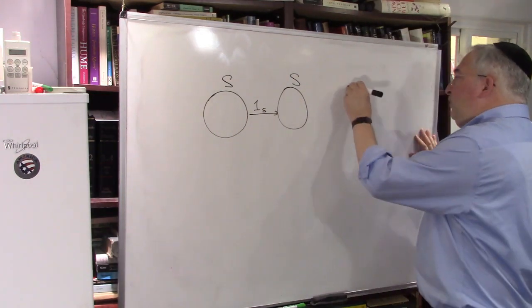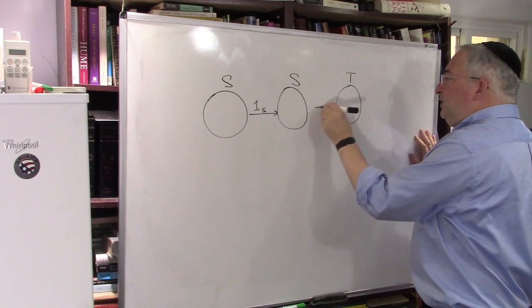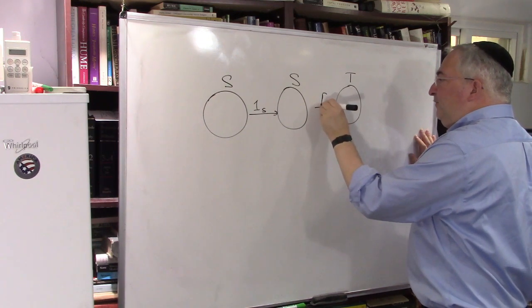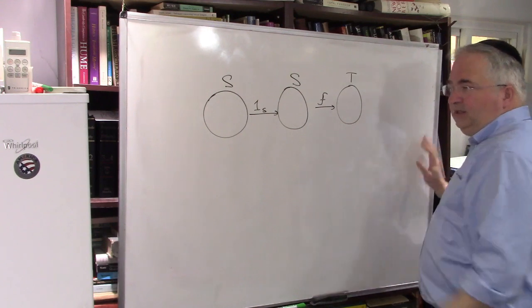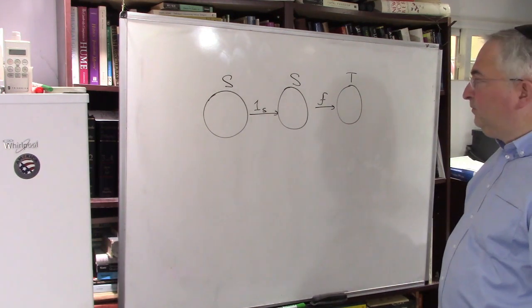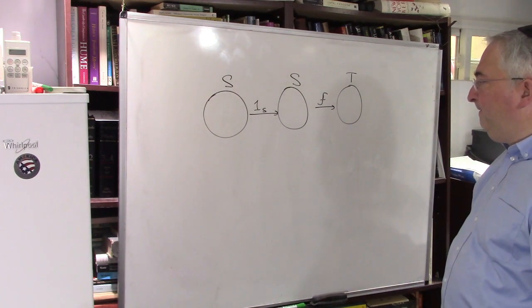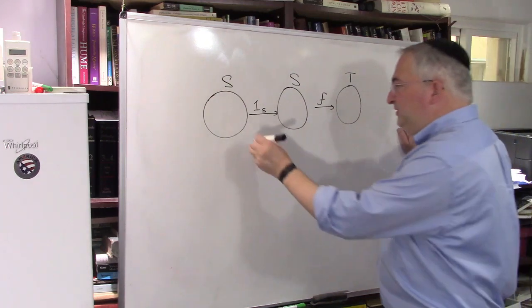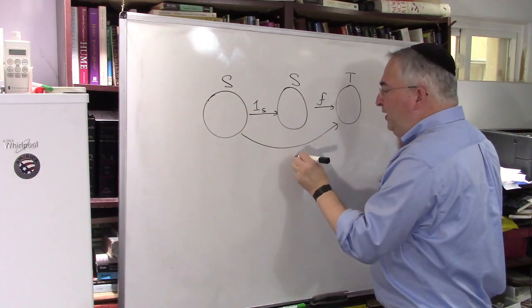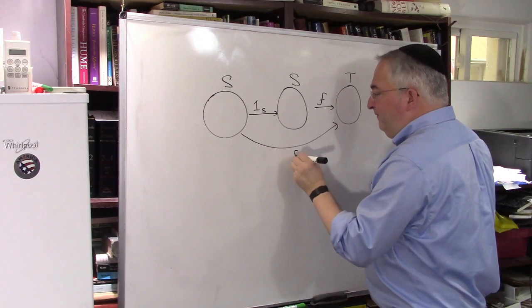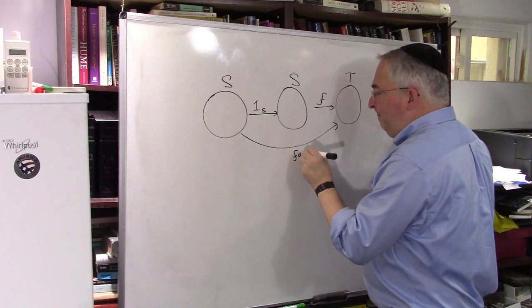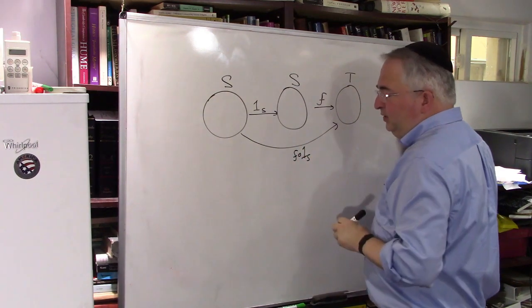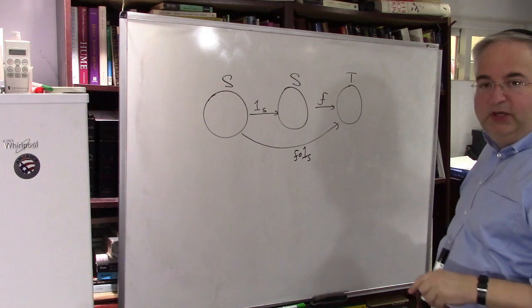Now you have a function f that goes from S to T. And now I ask a basic question. What is f composed with 1 of S?